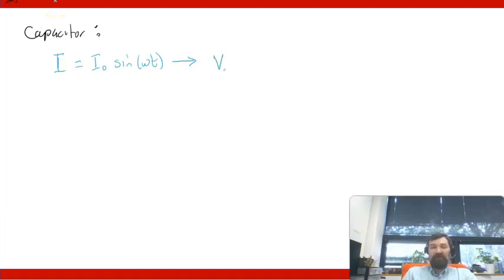Alright, so writing those equations out again, for a capacitor, given a current of I0 sine omega t, we expect to see a voltage for the capacitor of V0 times sine of omega t minus pi over 2.